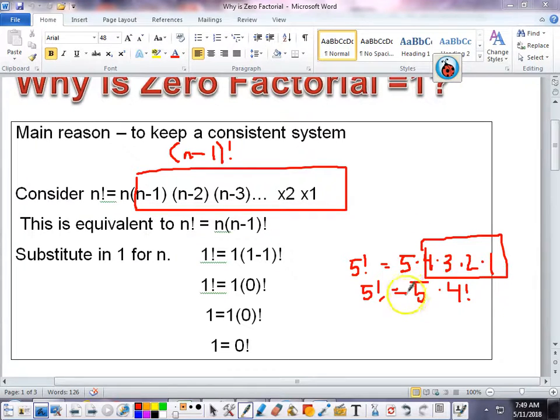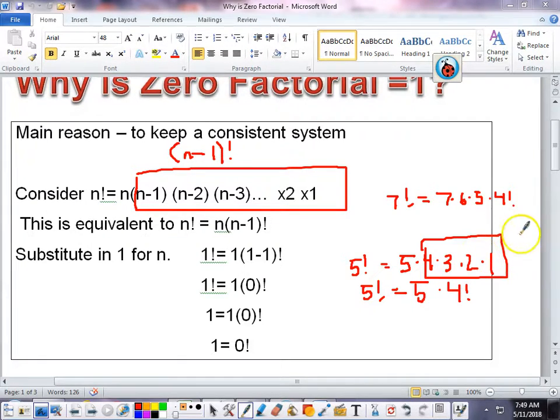So on any factorial sequence, you can go 7 times 6 times 5, and then whenever you're tired of it, it still would be the same thing if you just say, go the rest of the way, times 4 factorial.